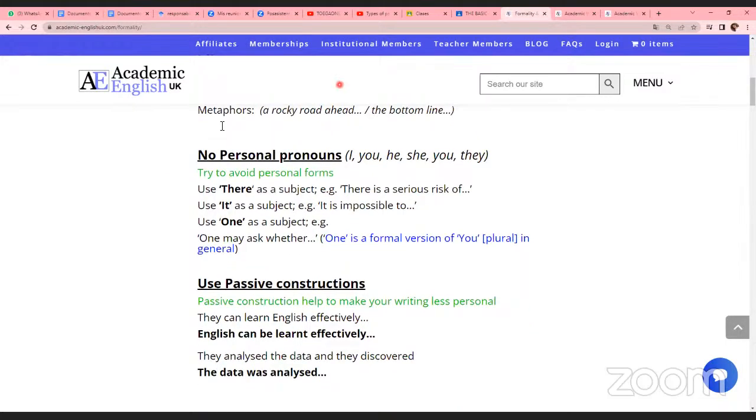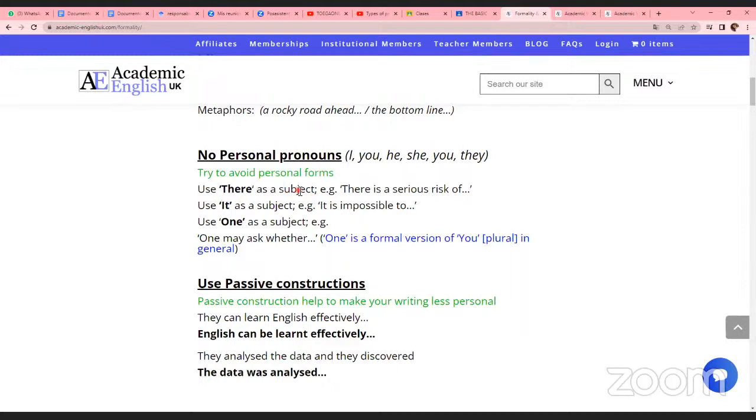And this is the key part: no personal pronouns. For example, I, you, he, she, they, and them. Try to avoid personal pronouns, please. It's not about you, it's not about him, it's not about her. So there is used as a subject, for example.